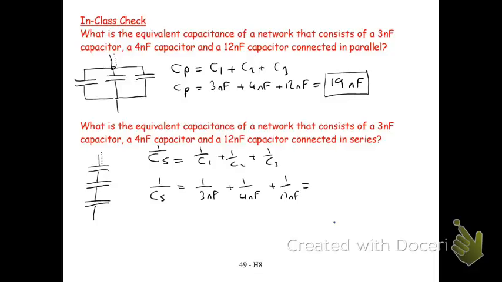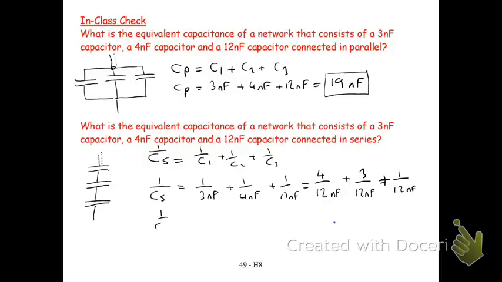So this would be, let's have a look. Common denominator is 12, so this would be 4 over 12 nanofarads. And this would be 3 over 12 nanofarads. And this would be 1 over 12 nanofarads.